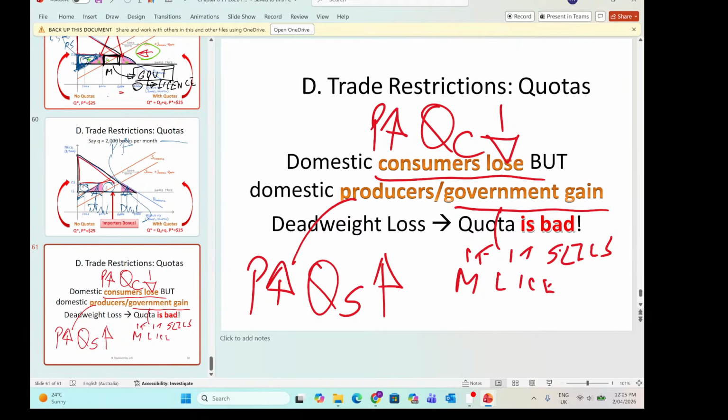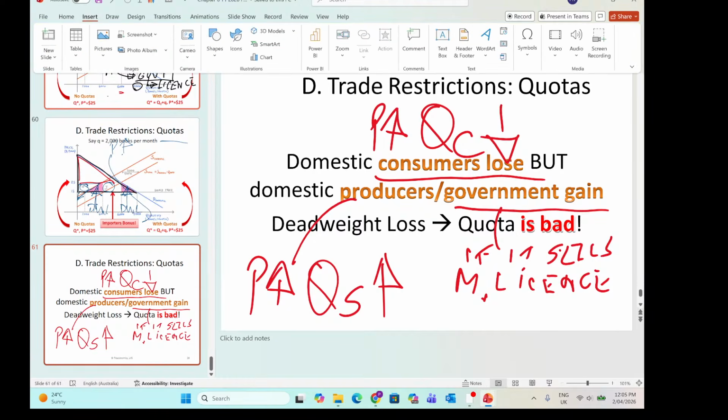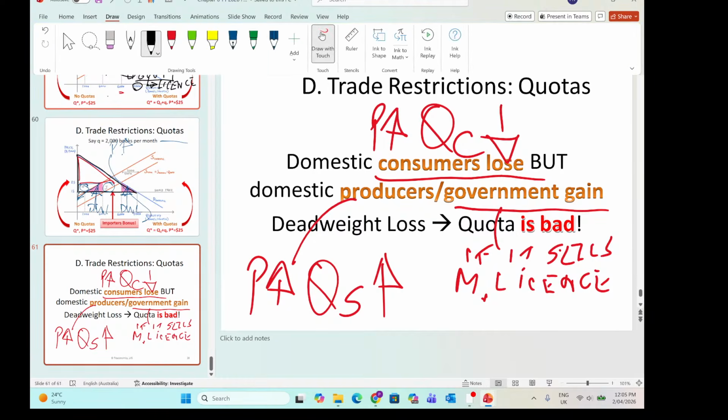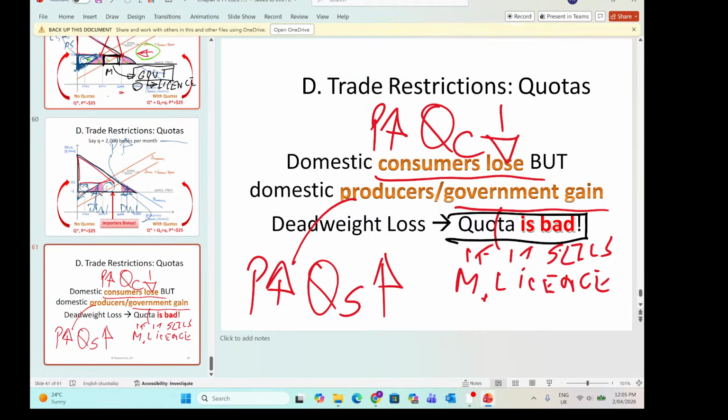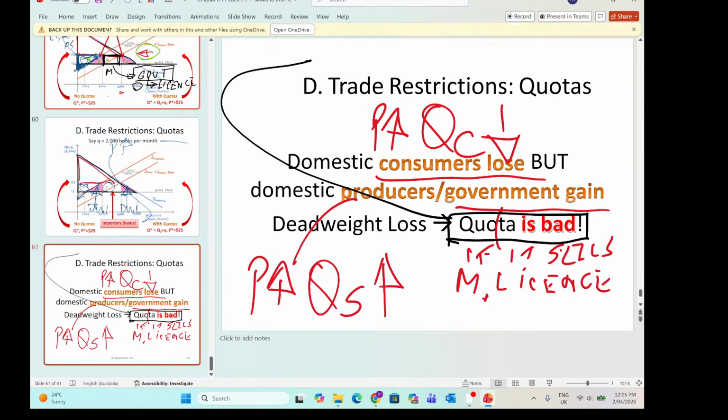Or if they don't sell the import license and they just give it away to an importer, then that importing firm will gain because they get to put the price up. But the reason that the text finishes off with this line, therefore the quota is bad, is because of the lower overall surplus, the deadweight loss.